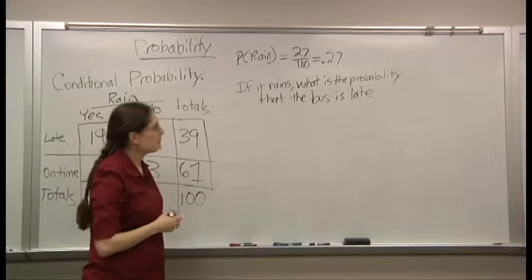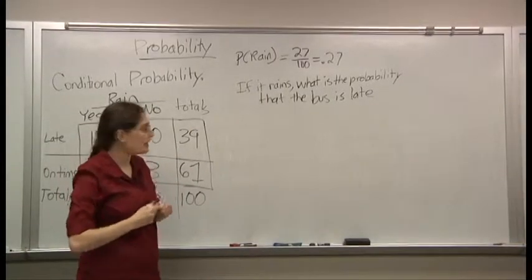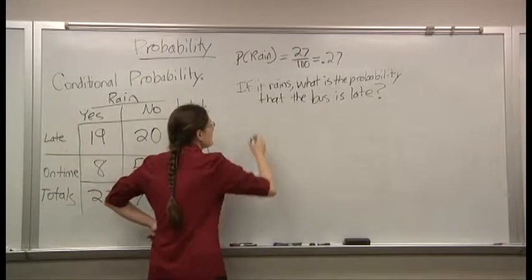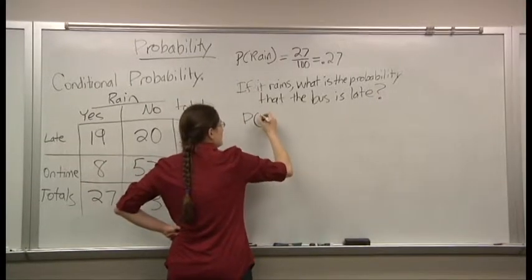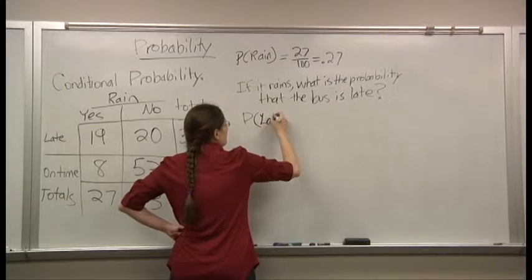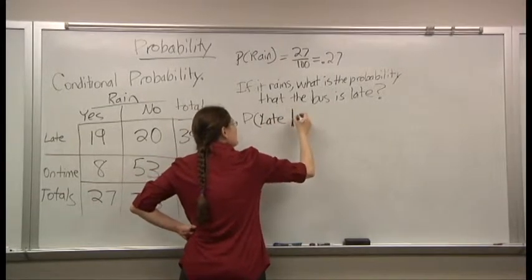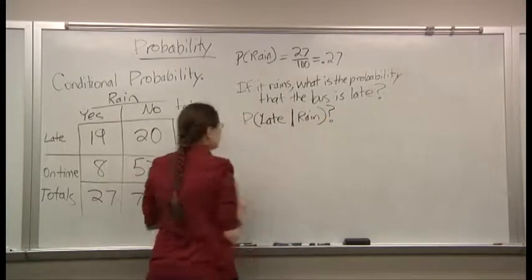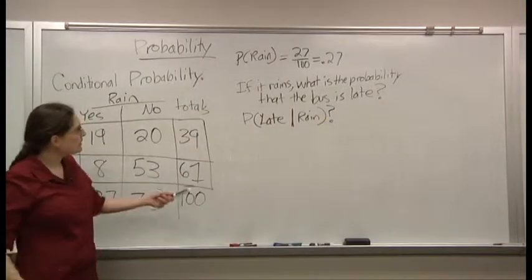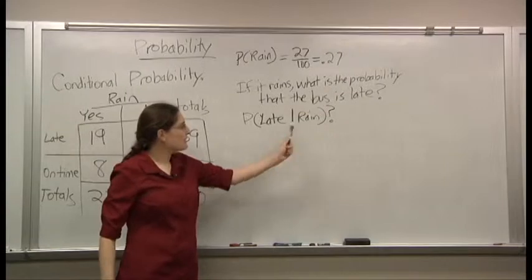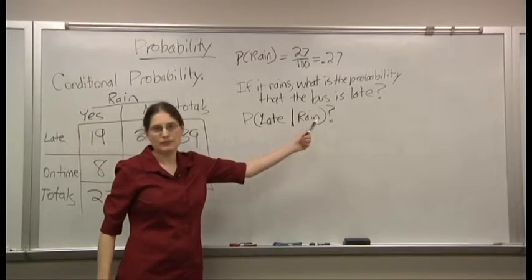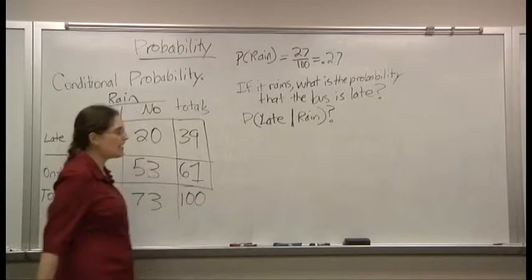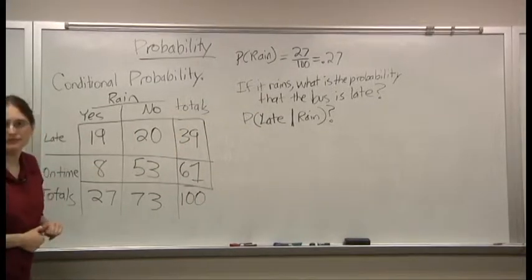Now, us crazy mathematicians have a shortcut for everything, so instead of that whole sentence, we'd write: what is the probability of late given that it rains? This means the same as this. Now you know the notation.